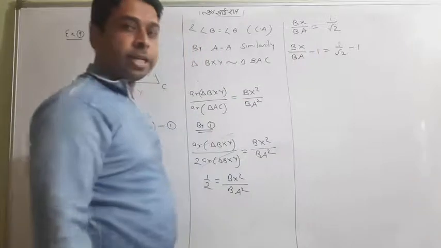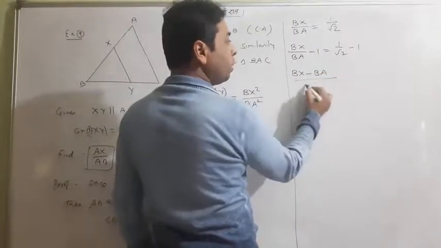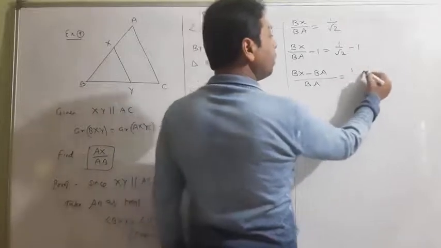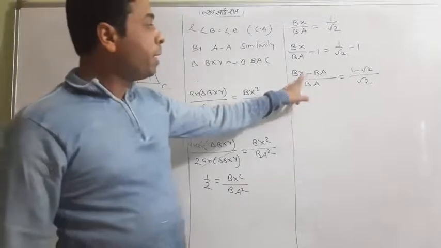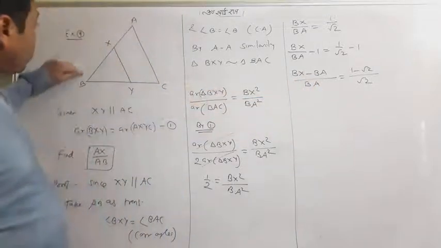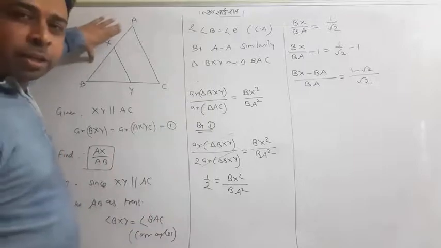Remember that idea. It will be BX minus BA upon BA, which is 1 minus root 2 upon root 2. BX minus BA, small minus greater, it is looking odd.